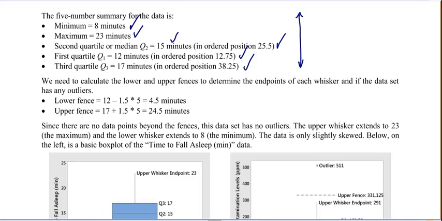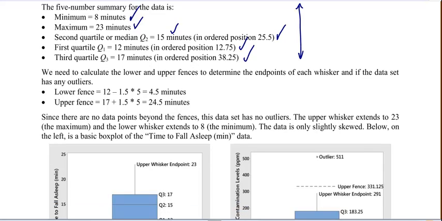The new part for us is calculating the fences. The lower fence is at the value 4.5. To compute it, we take Q1 and subtract 1.5 times the interquartile range, and we get 4.5 minutes.